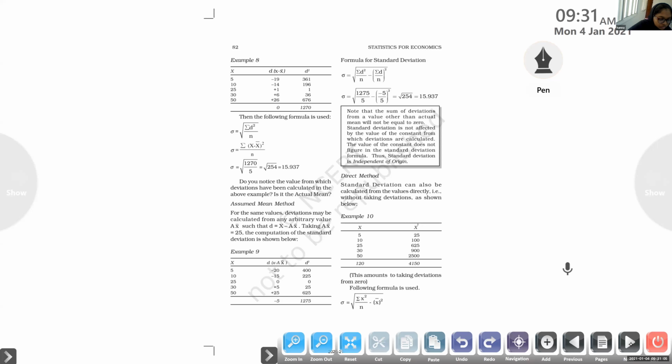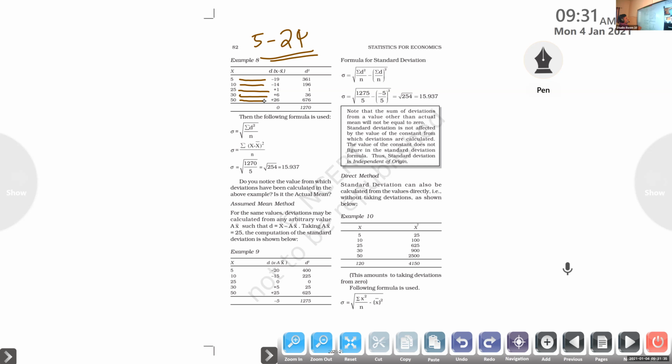So x is 5, the mean x bar is 24. 5 minus 24 is minus 19. Next 10 minus 24, minus 14. 25 minus 24, 1. 30 minus 24, 6. 50 minus 24, 26.